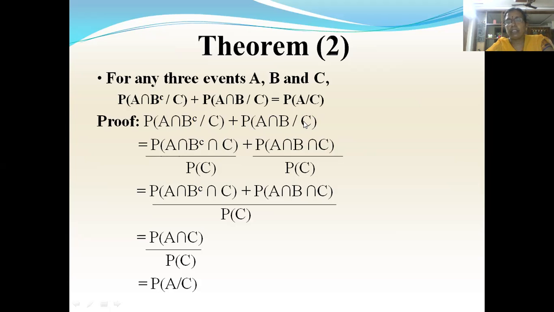P of A given B is P of A intersection B by P of B. So here also you have P of A intersection B given C, so I am writing it as P of A intersection B intersection C by P of C. Since both the denominators are same, I can write this as P of A intersection B complement intersection C plus P of A intersection B intersection C, by P of C. Now here you have B complement and here you have B. When you combine these two, you will get P of A intersection C by P of C. So P of A intersection C by P of C is P of A given C, which is equal to RHS.